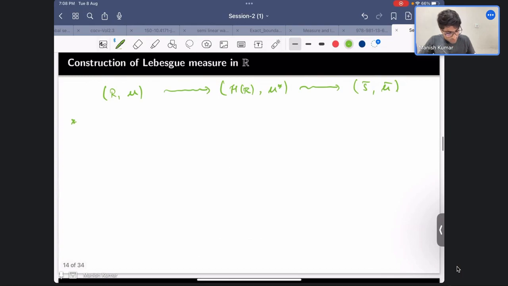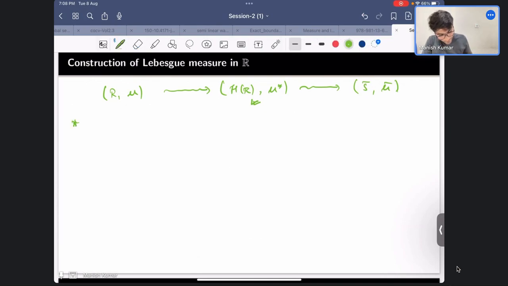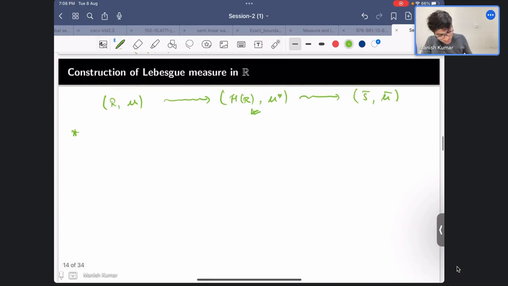Okay, so from here we want to reach here, right? So let us first see. The first thing is to find what will be my H(R), and then I'll define what is mu star.